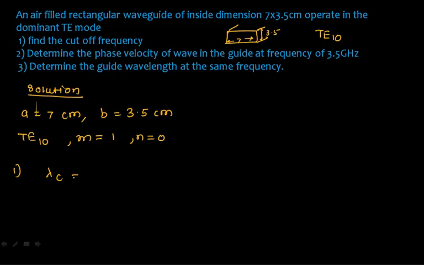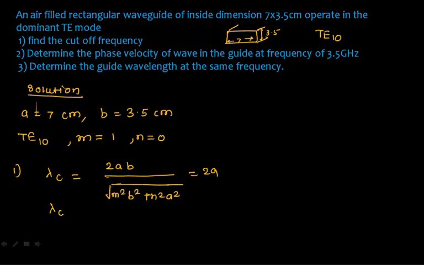So lambda C is twice AB divided by the square root of M square B square plus N square A square. Now put in the values 1 and 0. The B terms get cancelled and this will be twice A. Now I know what A is. So lambda C will be 2 into 7, which is 14 centimeter. If you have got 14 centimeter, that is the cutoff wavelength.